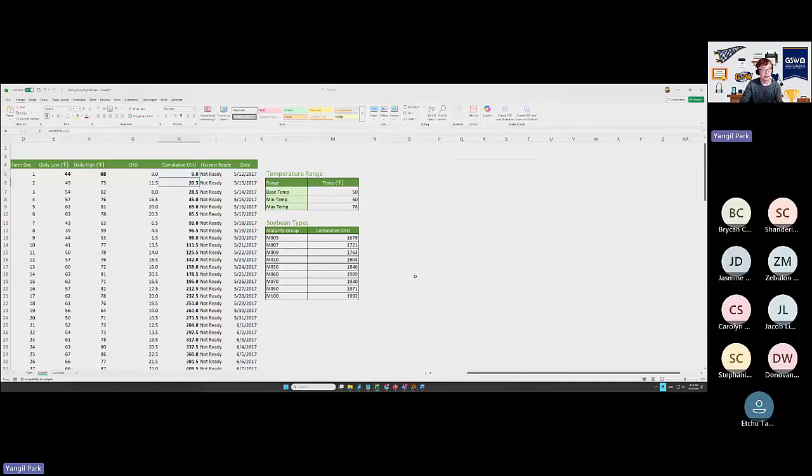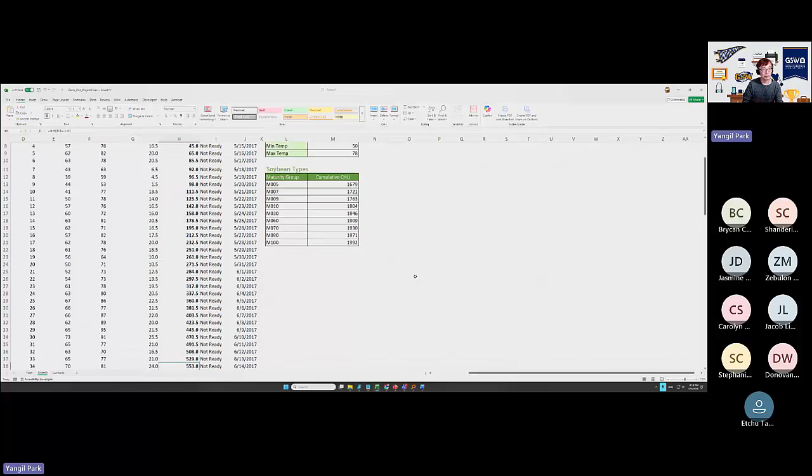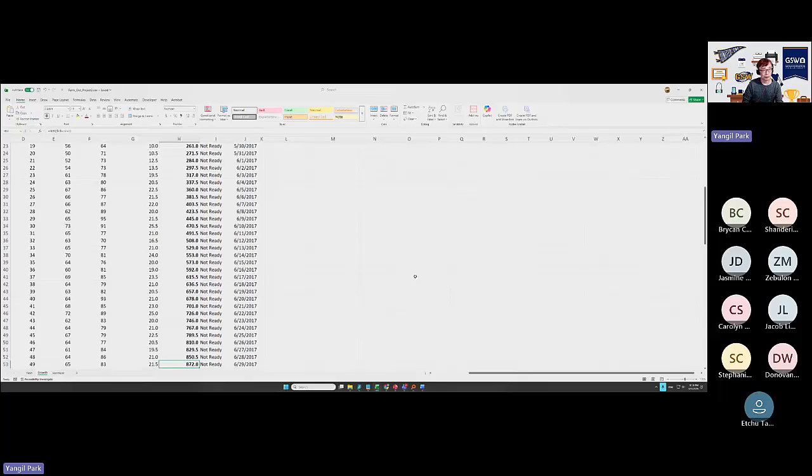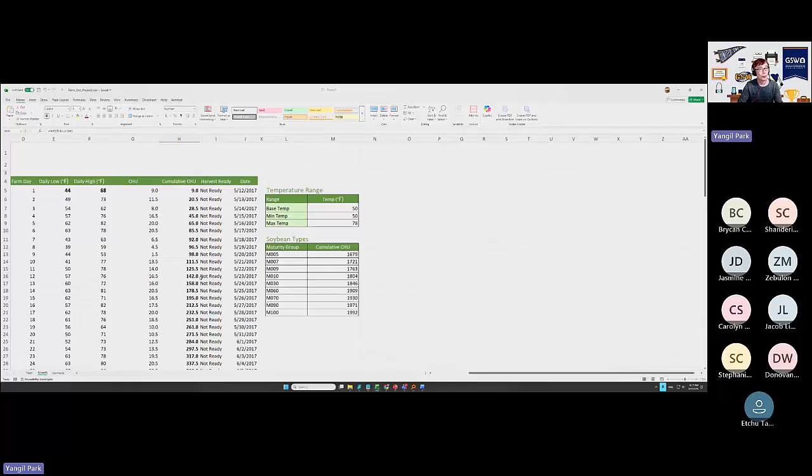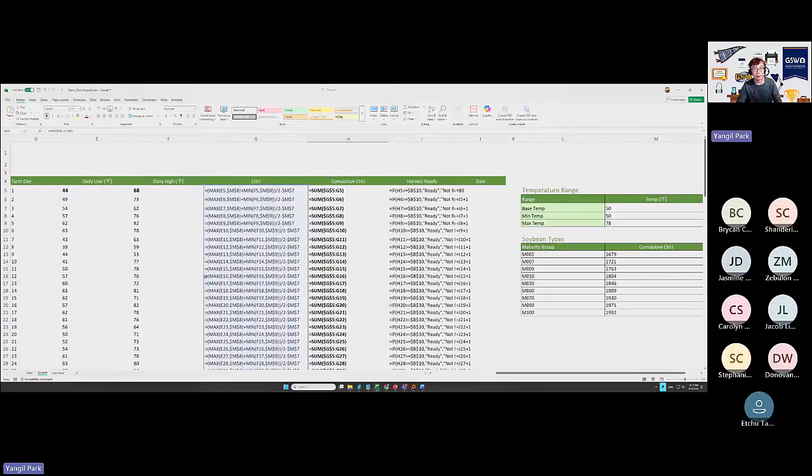As you can see, they're all growing as you move down. The numbers are getting close to the harvest time until they reach a certain point, like 1,933. That's the optimum number to be ready for harvest. So that's why we need to find the cumulative, or running total, for the CHU.